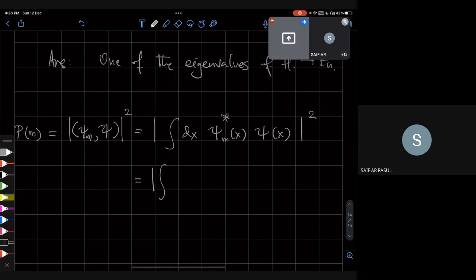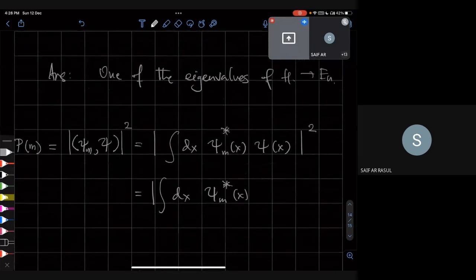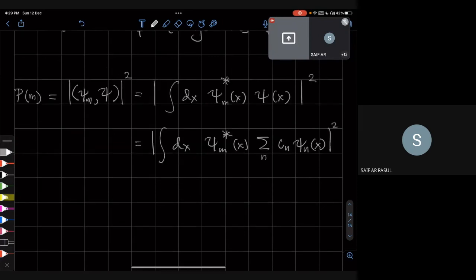But what is the second factor? According to this assumption that we can express it in terms of the energy eigenstates, it is nothing but a linear combination of the energy eigenstates, right? And then we can factor the coefficient out of the integral. I get the sum over n of Cn, and the rest I have psi m psi n.